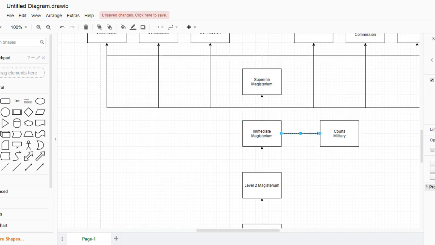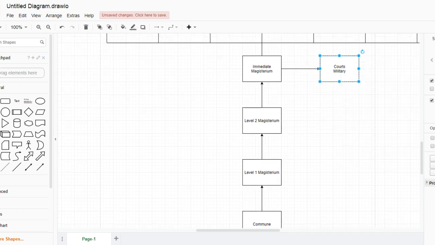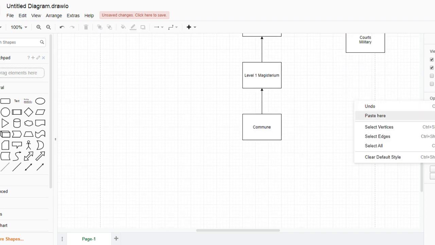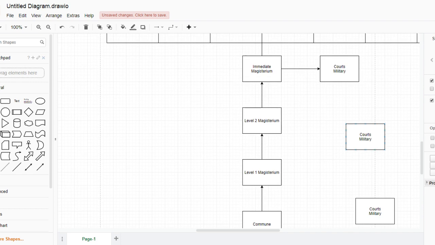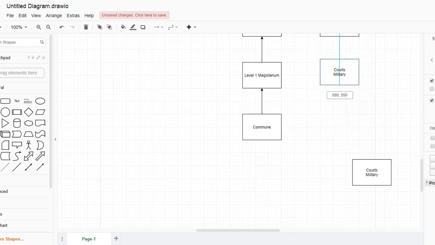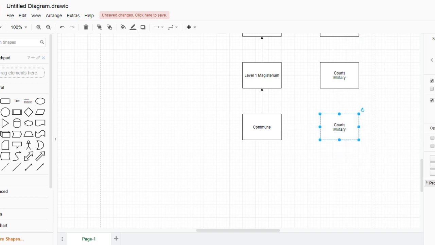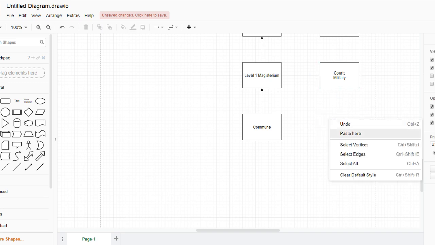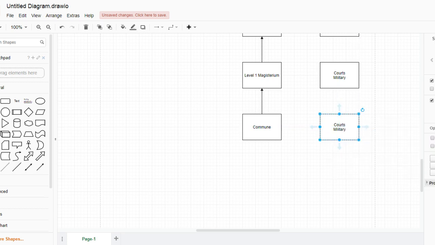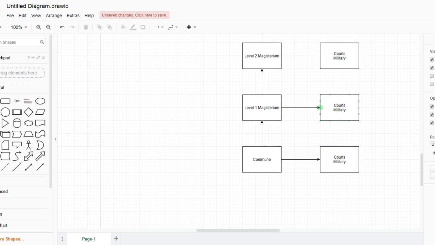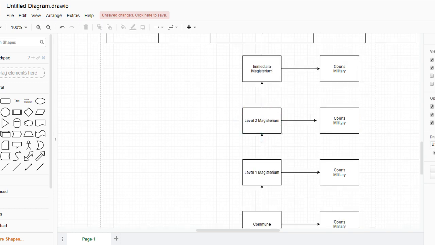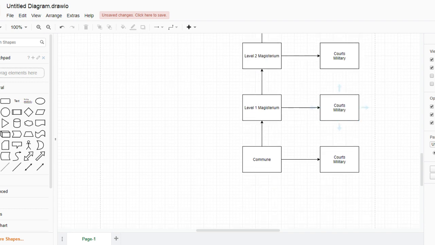So I'm just going to copy this and paste here, and paste here. There you go. So I am going to put this here, because for each commune there are a minimum of 3 members of government, and that is, of course, the main responsible individual who appoints the delegate to the magisterium.